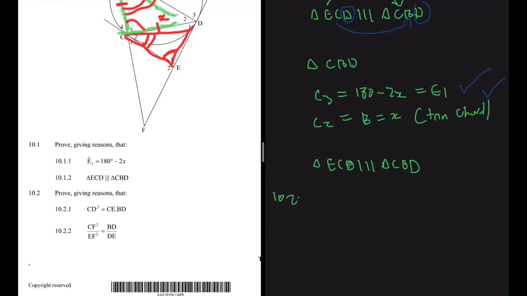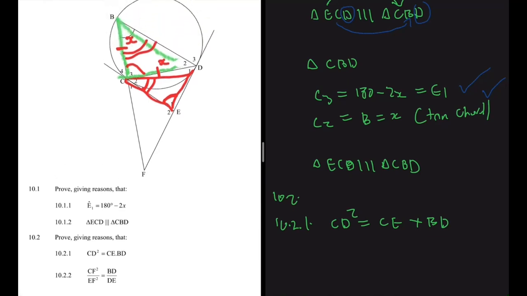10.2 is saying to us, we have 10.1, which says prove given reasons. So 10.2.1 is saying that CD squared is equal to CE multiplied by BD, right? Let me just clear these sketches up so that we can have a bit more clarity.